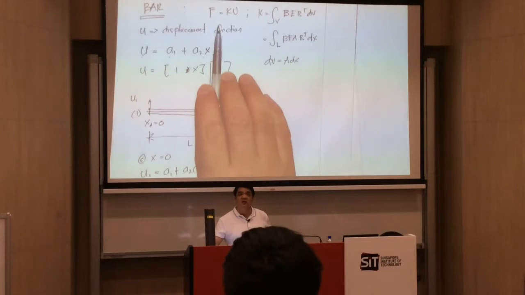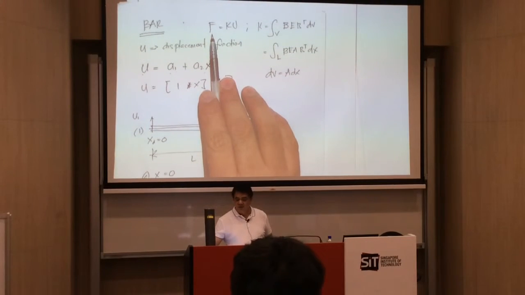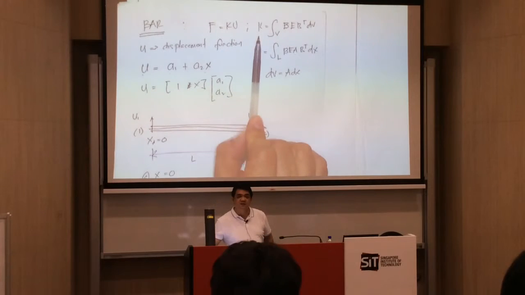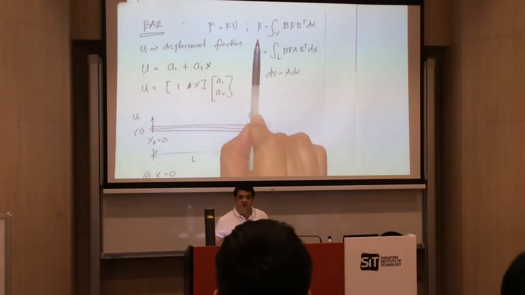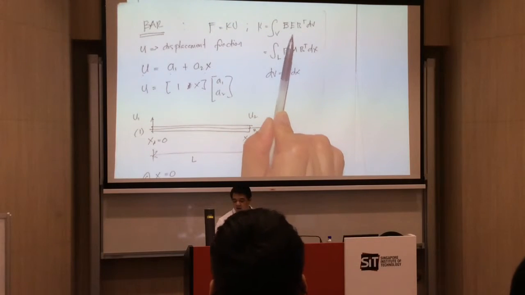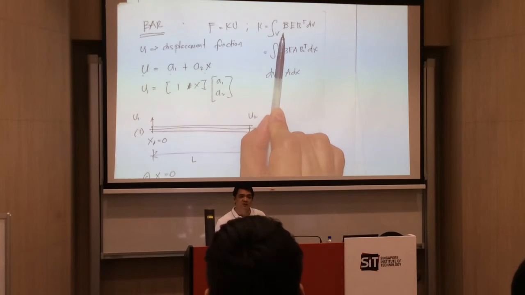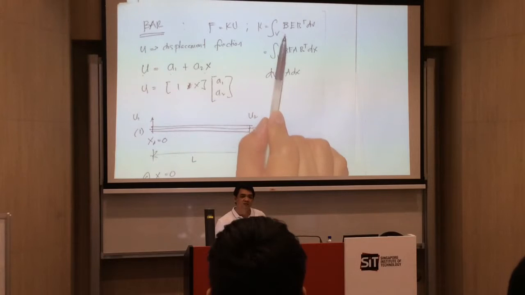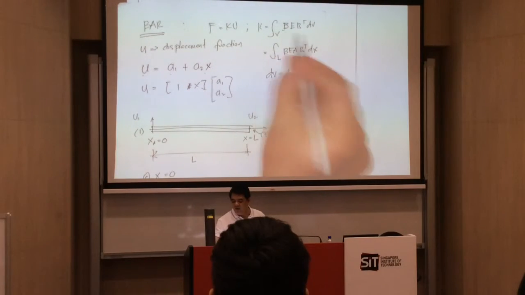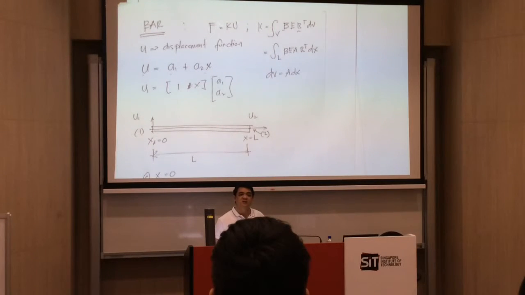So once you get your shape function, this one is your general guide. Your stiffness matrix. What is your stiffness matrix? This is equal to this one here. And this strain displacement matrix is what? B is d N over dx. So once you have your N, your shape function, you can take its derivative with respect to x, so you will be able to get your strain displacement matrix.